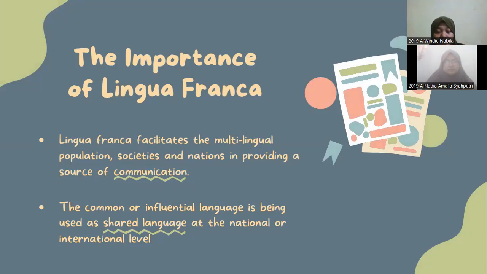In addition, the command of an influential language may be used as a source of communication at national or international level, as well as in multilingual societies and countries.